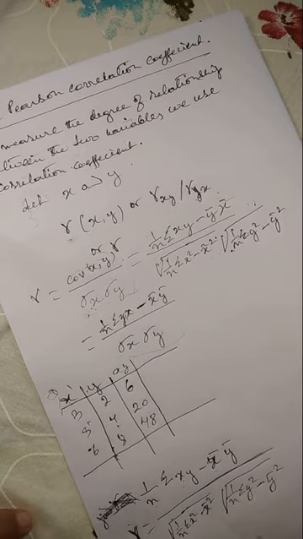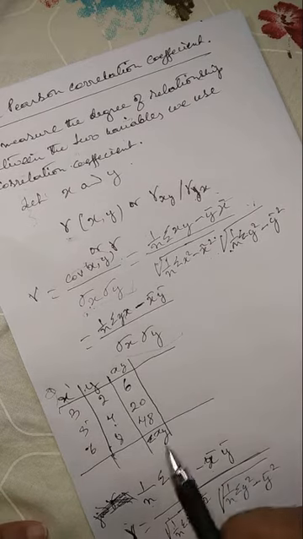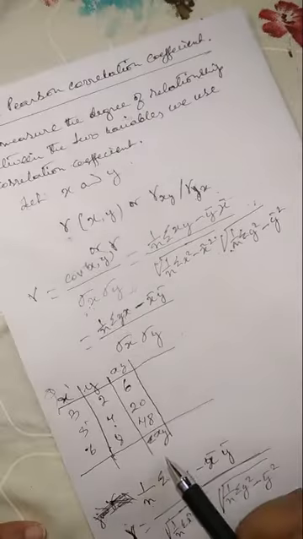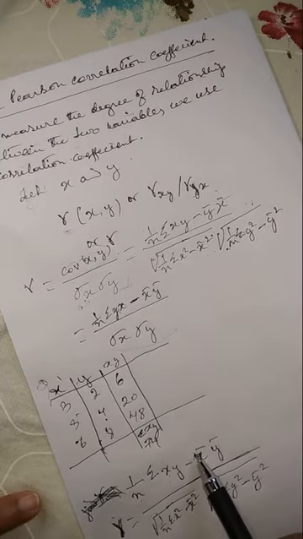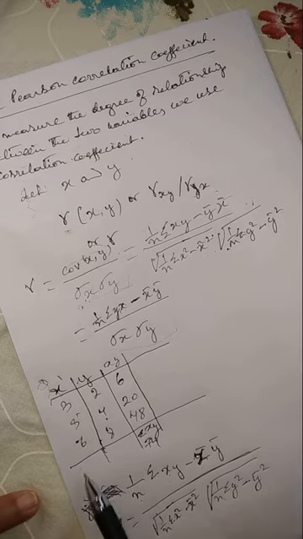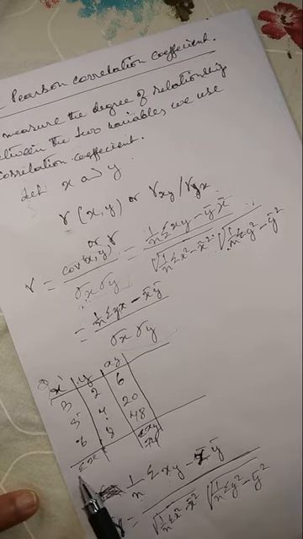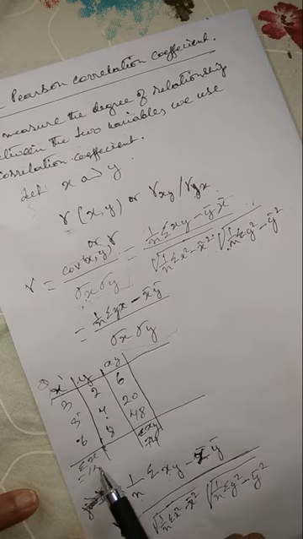So now we have to take the total sum of xy, which is equal to 74. Okay, so now again the formula asks us to find x bar. That means we have to first find summation x. Summation x will be equal to 14.